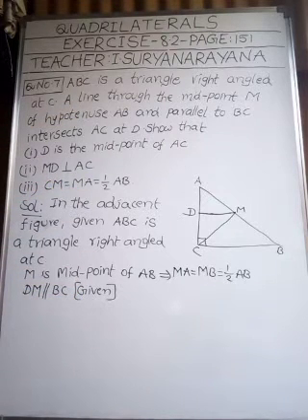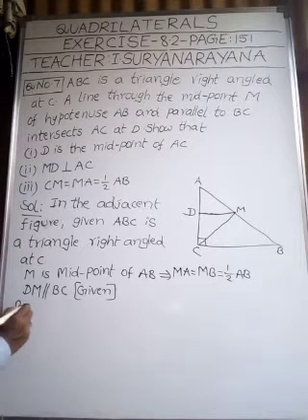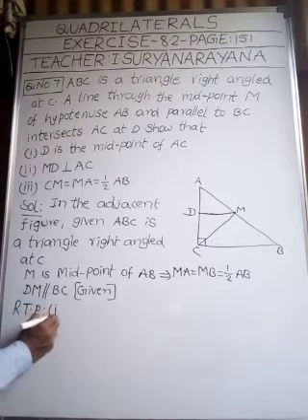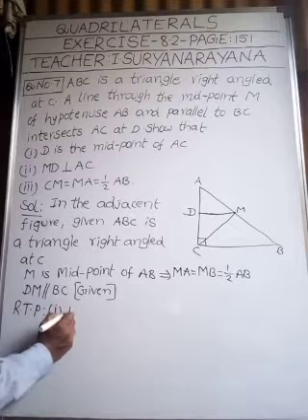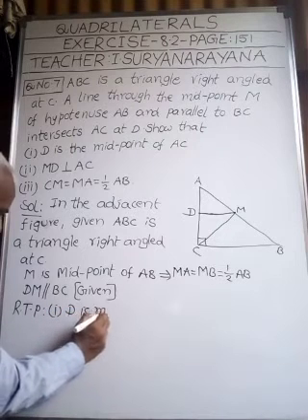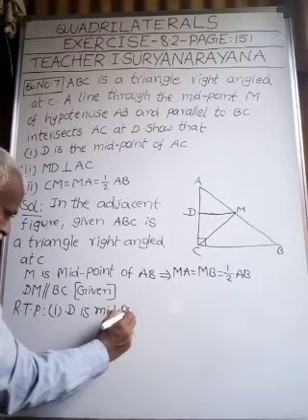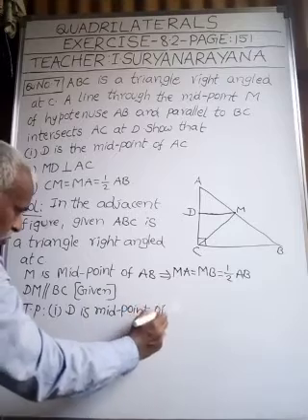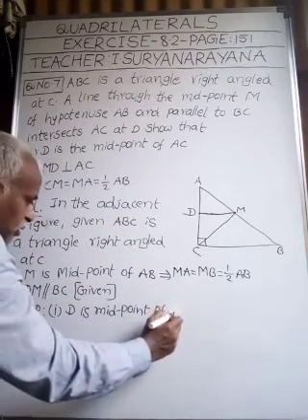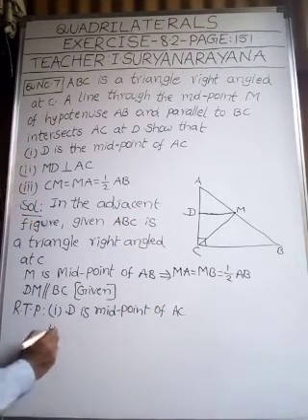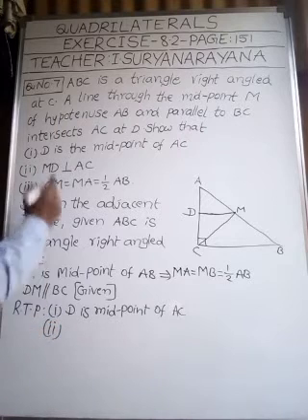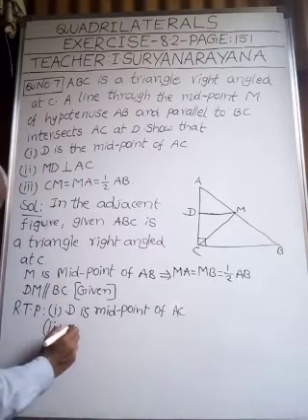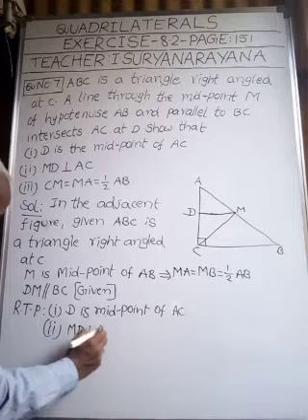Now we have to prove. What is to be proved? The first part of the question: D is the midpoint of AC. The second part: MD is perpendicular to AC.